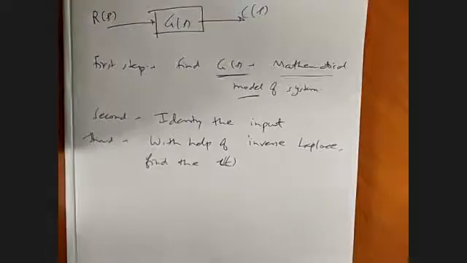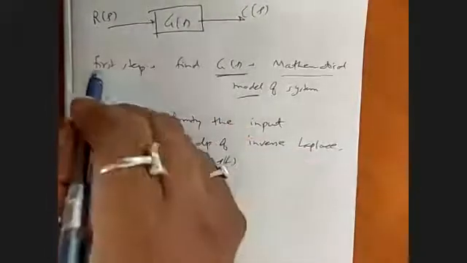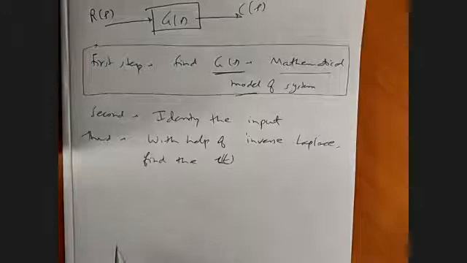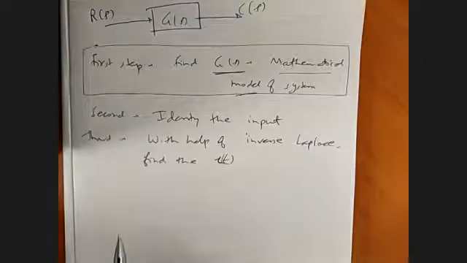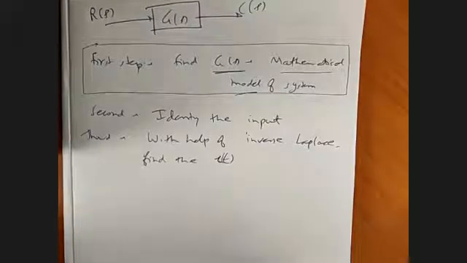So in time domain analysis, we have these steps. First step we have discussed. For any system, we will be finding the transfer function of the system. It may be an electrical system or mechanical system or any kind of system.